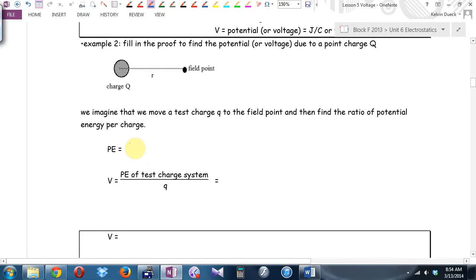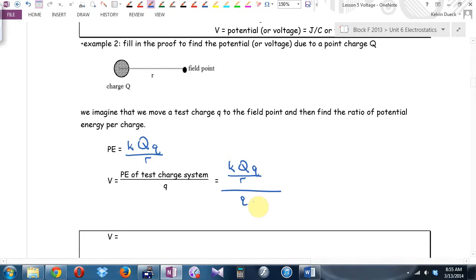We said potential energy was this, K, big Q, little q over R, where big Q is the big planetary charge and little q is the tiny one that we're moving. Voltage is the energy divided by q.